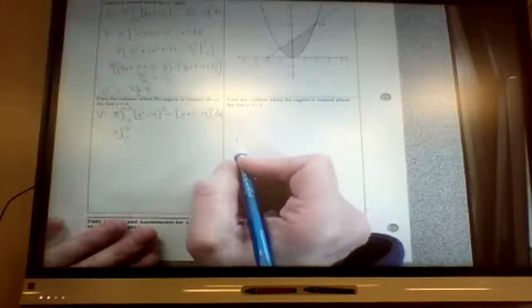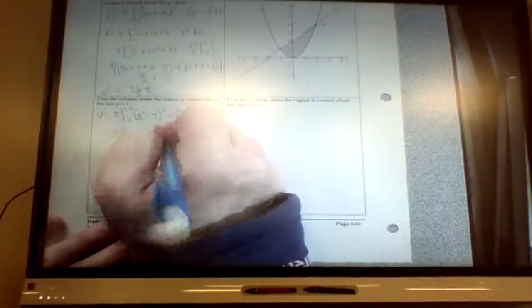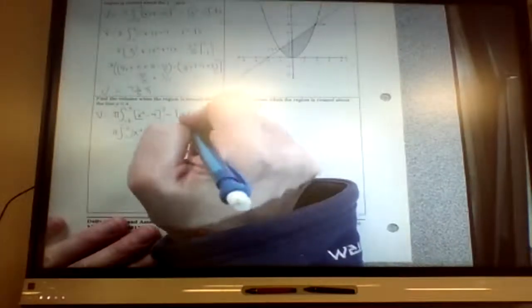So that's going to be like x to the 4th minus 8x squared plus 16, right? Minus. Okay, so let's just go ahead and change that to x minus 2 squared.